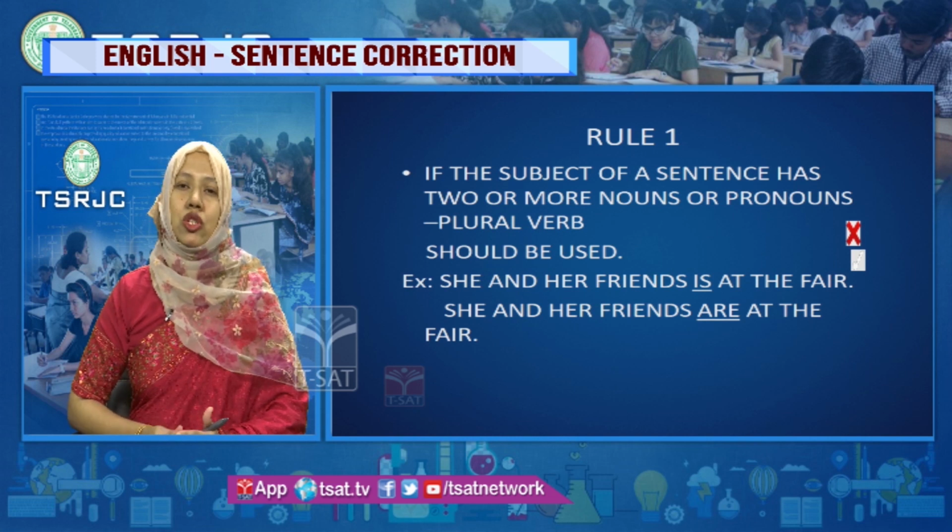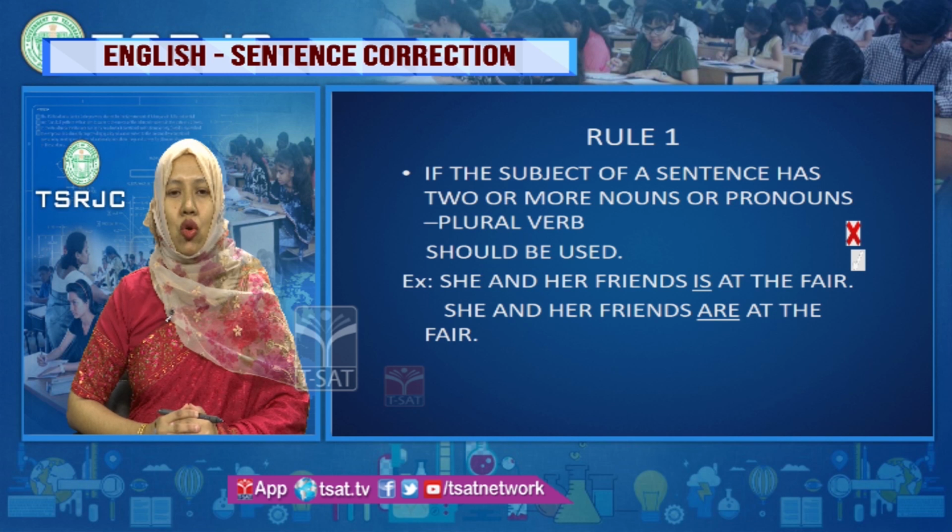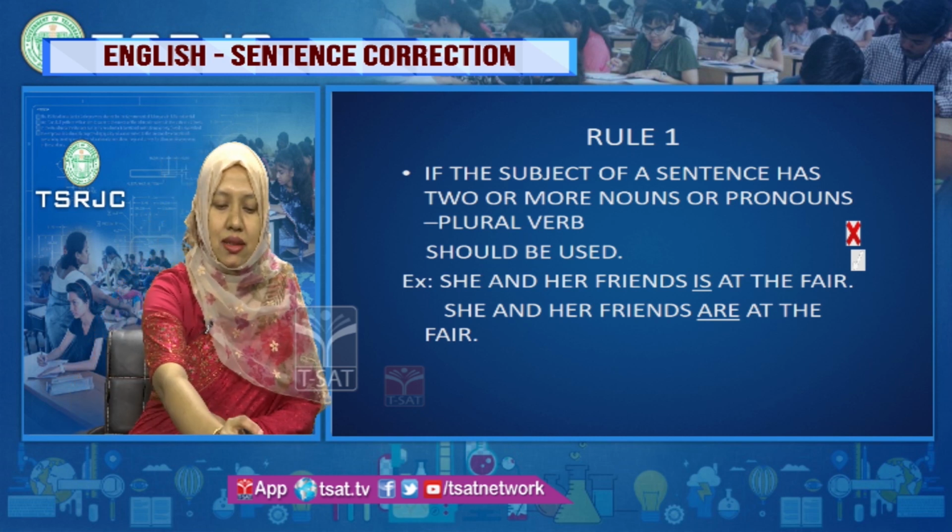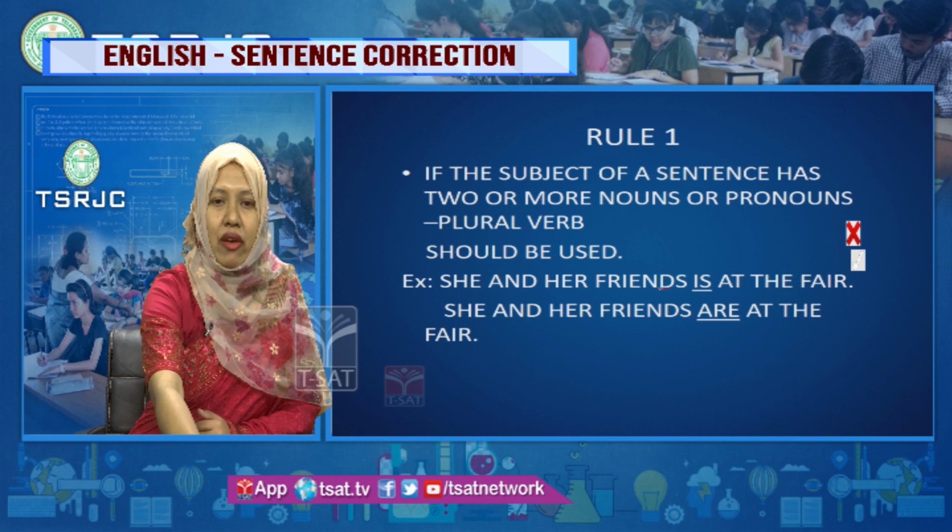Now, what are the rules to be followed in this section? If the subject of a sentence has 2 or more nouns or pronouns, a plural verb should be used. For example, "she and her friends is at the fair." In this sentence, the subject is "she and her friends."